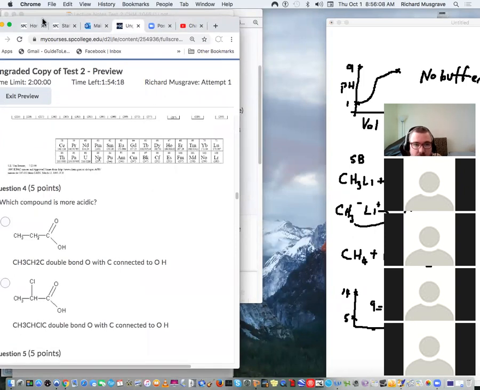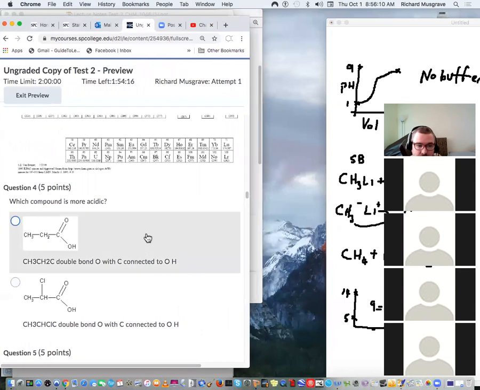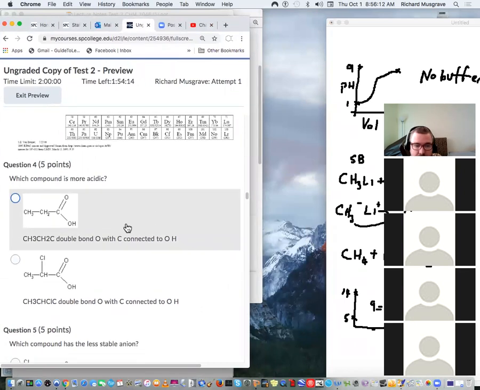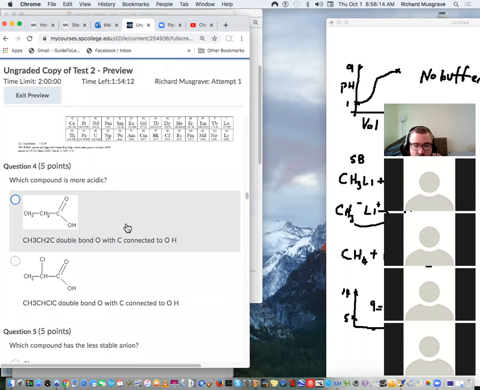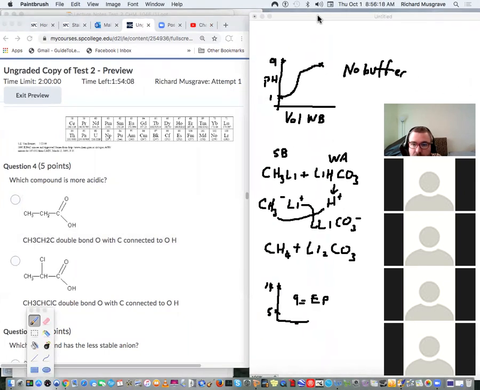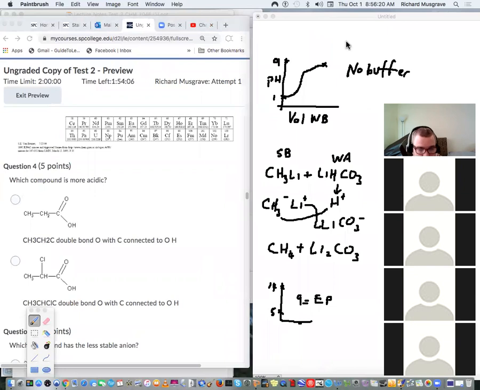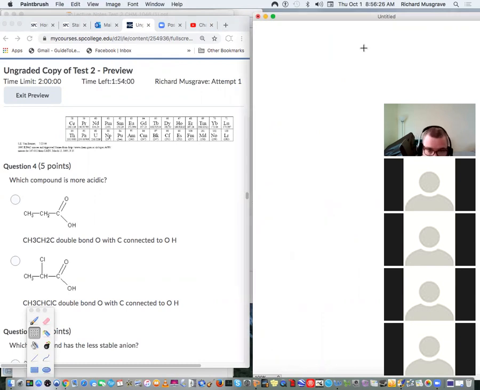So let's see. Looking at acidity here, which compound is more acidic? The one that's more acidic will be the one that has the more stable anion. So often what I like to do is remove any doubt and actually draw out what the anions look like.